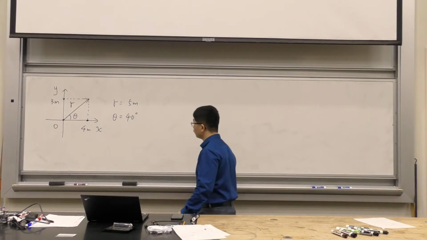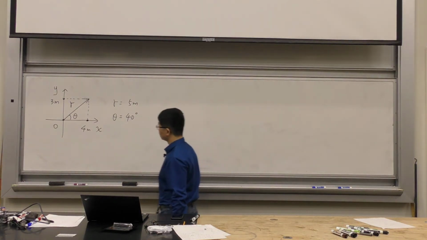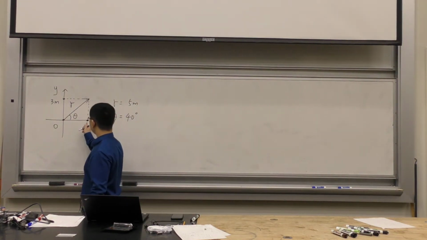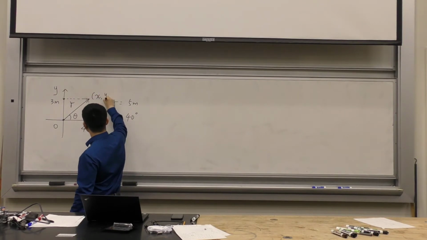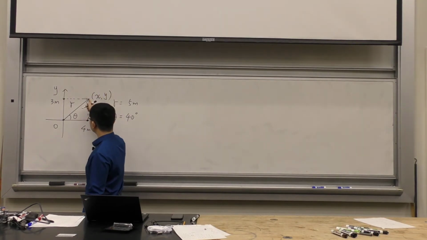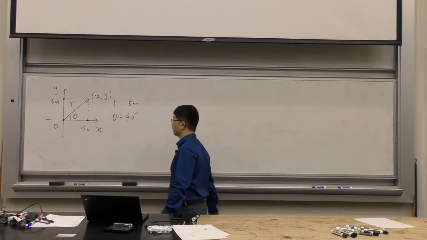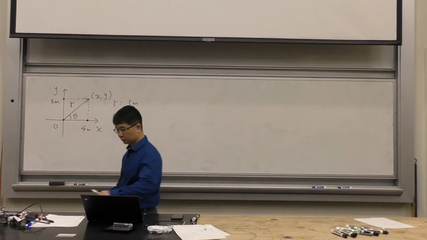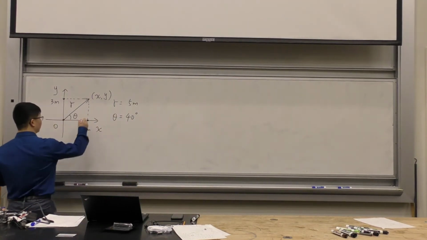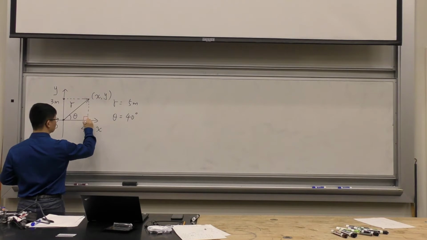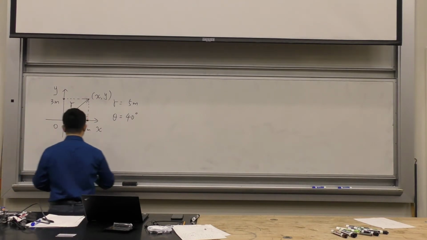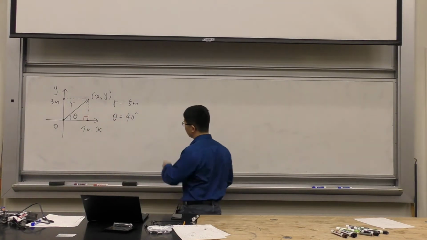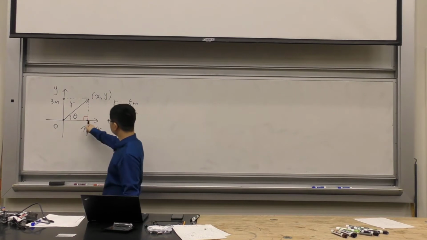So then there will be a relation between these x and y components and this magnitude and this theta angle. If you use this right triangle right here, then obviously if I have the r and theta, I can find this x and y.